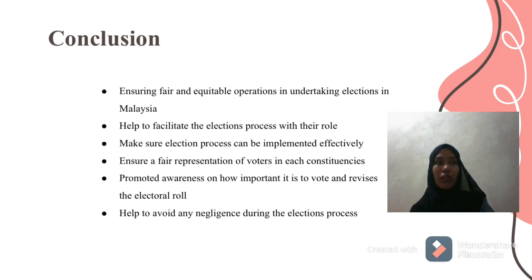That means with the Election Commission of Malaya, the public can refer to them in conducting the voting process. This agency also helps to avoid any negligence during the election process to make sure the election process can happen fairly. That's all for the conclusion.